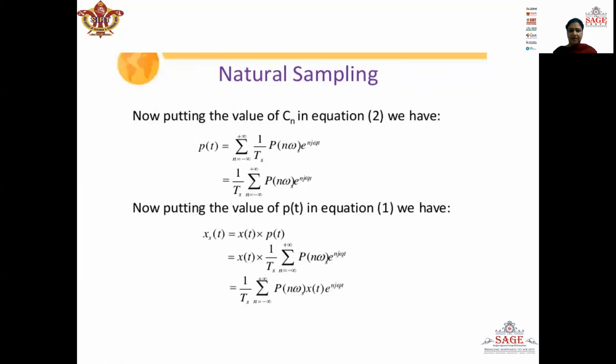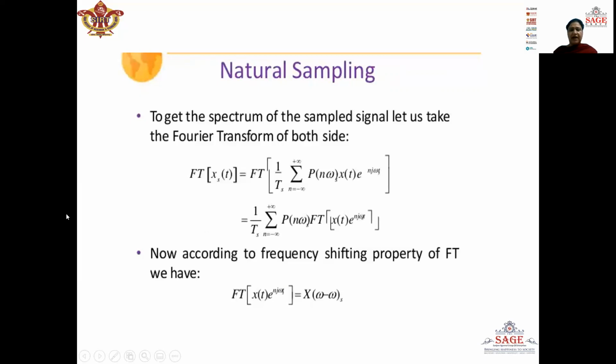Taking the Fourier transform on both sides of this equation, I'll get the Fourier transform of 1 by Ts summation P(n omega s) x(t) e to the power jn omega s t on my right hand side. So 1 upon Ts P(n omega s) times the Fourier transform of x(t) e to the power jn omega s t, because the Fourier transform will be computed for the time dependent signal.